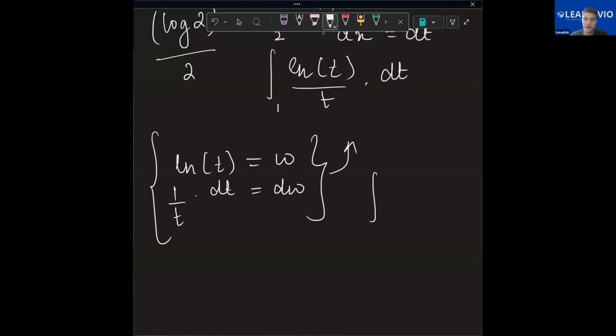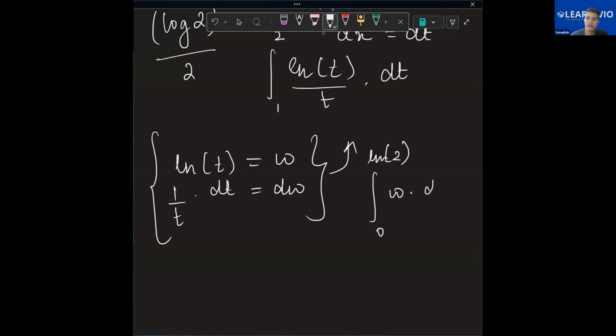देखो मैं लिमिट चेंज कर देता हूँ। अगर मैं 1 पुट करूंगा, so this is ln of 1. What is ln 1? ln 1 is 0 और ln 2 ये होता है। And here you have 1 over t dt. इसको dw लिखोगे और ln t को w.